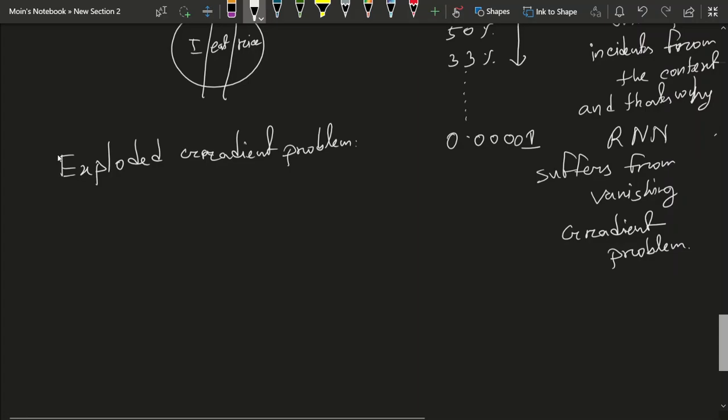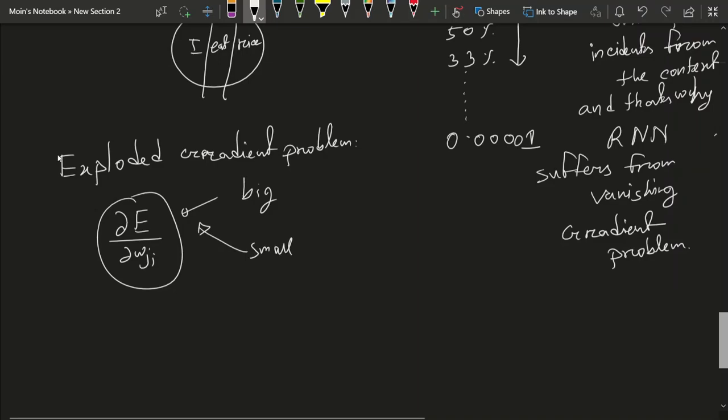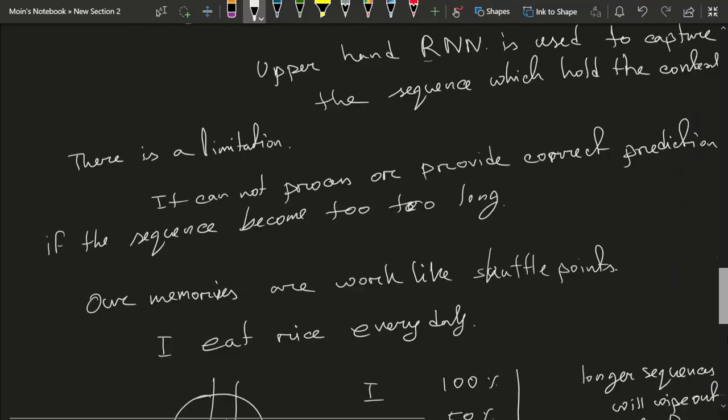So both of these operations are based on the gradient, right? The gradient portion is either big or small. When the numbers get very small, then the vanishing gradient problem occurs. When it gets bigger, then the exploding gradient problem occurs.